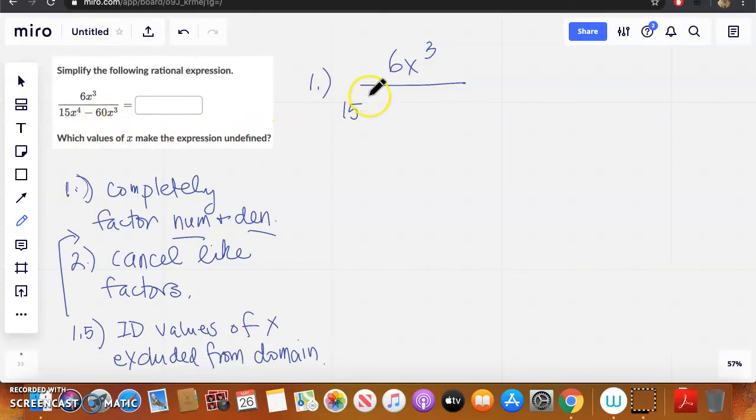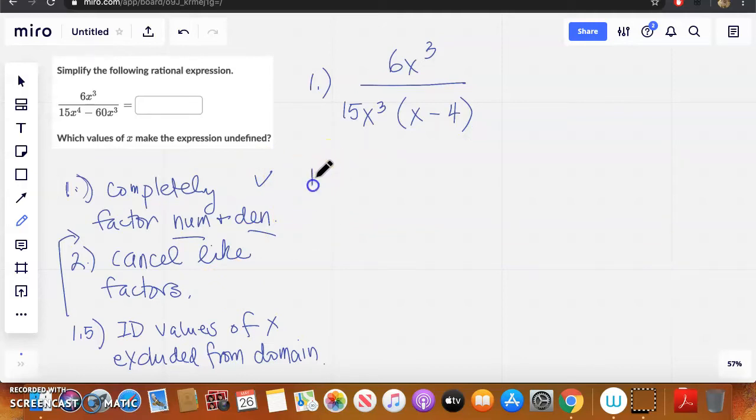So we're going to factor out 15, and then we have x to the fourth and x to the third, so obviously x to the third is going to be our common factor. Then let's write whatever is left after we factor 15x cubed from both terms. We're going to have an x minus 4, like so. And so step 1 is check.